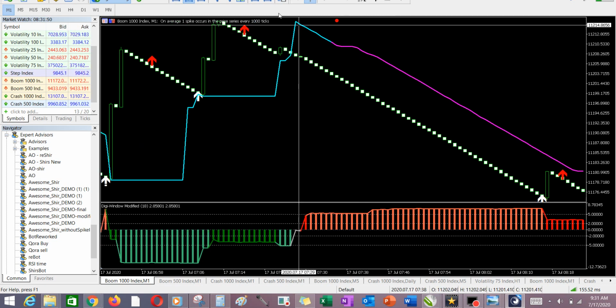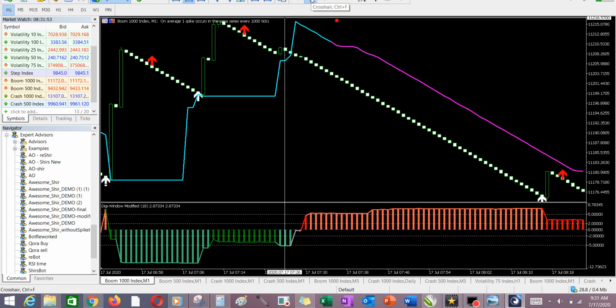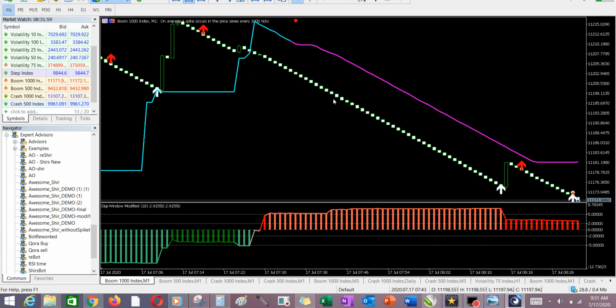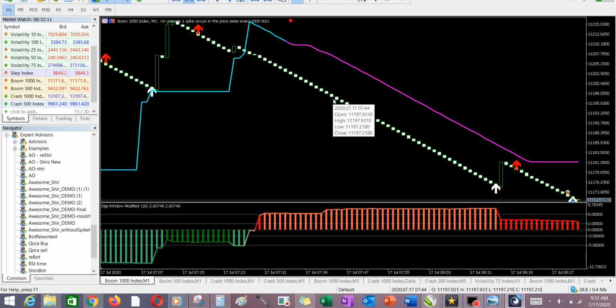For those that have the crusher indicator, I believe you will understand what I'm saying. If you are not using it, whatever tools you are using, I believe the analysis will still help you carry out a reasonable trade. Even if you are using a mobile setup, you will still be able to trade with it. All you need to do is follow the rules and regulations guiding the tools you are using.